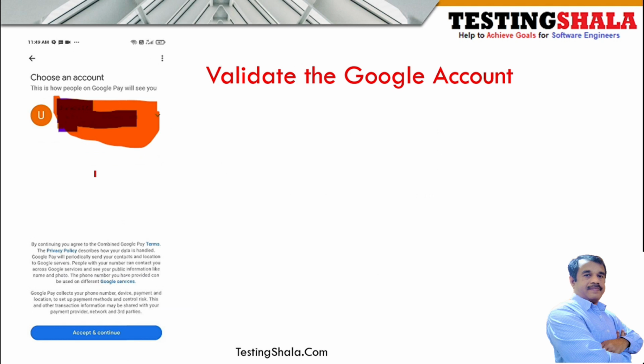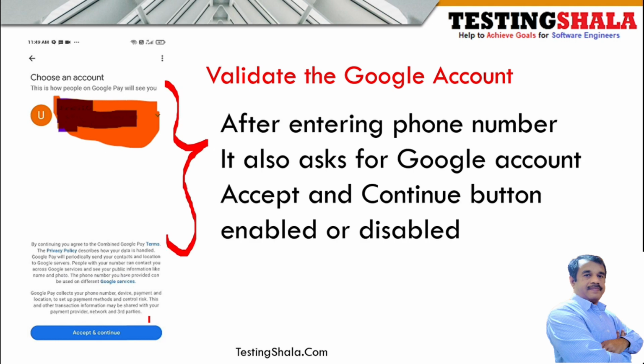After entering the right mobile number, Google Pay takes one more step, where it is going to link your mobile number with a Google account. In order to authorize that kind of connectivity from your mobile phone to your Google account, you should agree to all these terms and conditions and validate all the links available here.